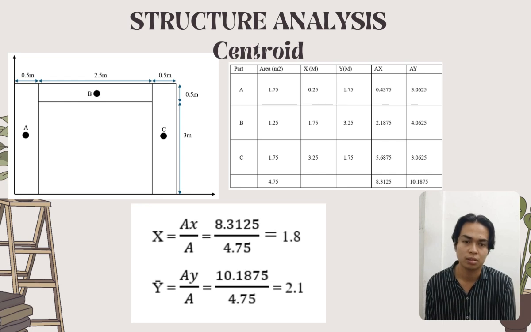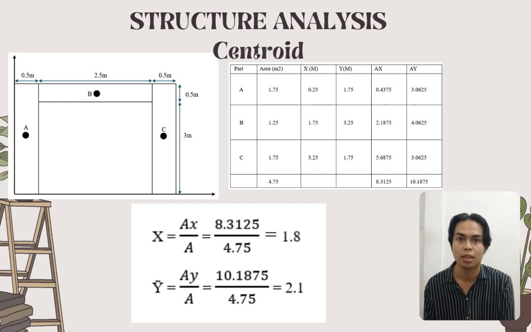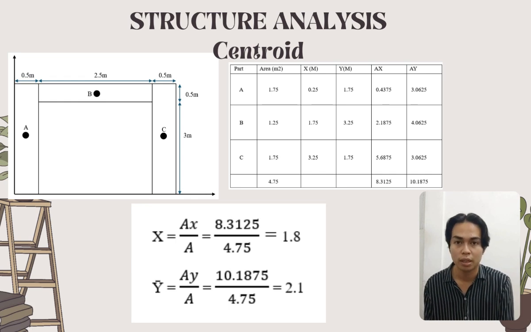As a result, we total the AX, AY and the area, and then calculate X, where the formula is AX over the area, which gives us 1.8 for X, and then for Y we get 2.1.